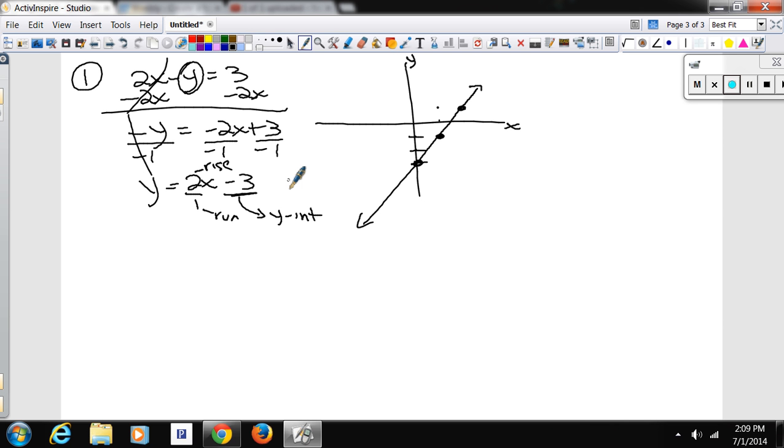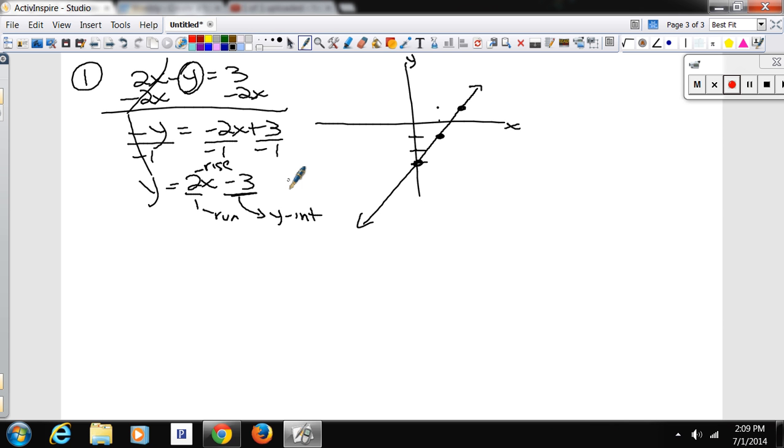Now if the y-intercept comes out as a fraction, let me see if there are any of those. Doesn't look like it yet. Some of them already have y by itself, so they'll be really easy to solve.